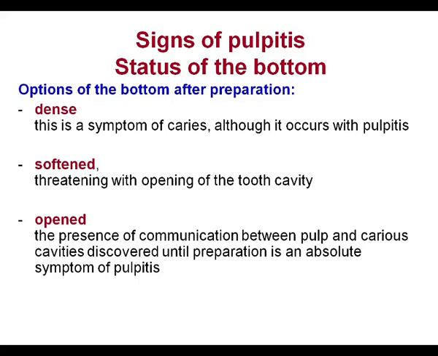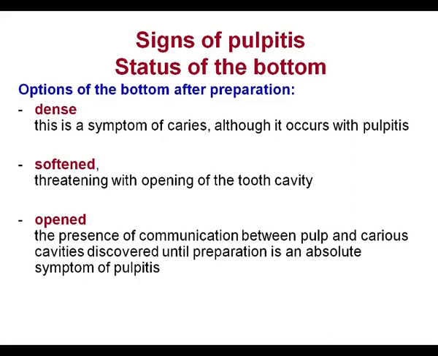And we also search the bottom of the cavity and find out its status. There are some options for the bottom, and we do it after preparation. It may be dense. This is a symptom of caries, although it occurs with pulpitis.